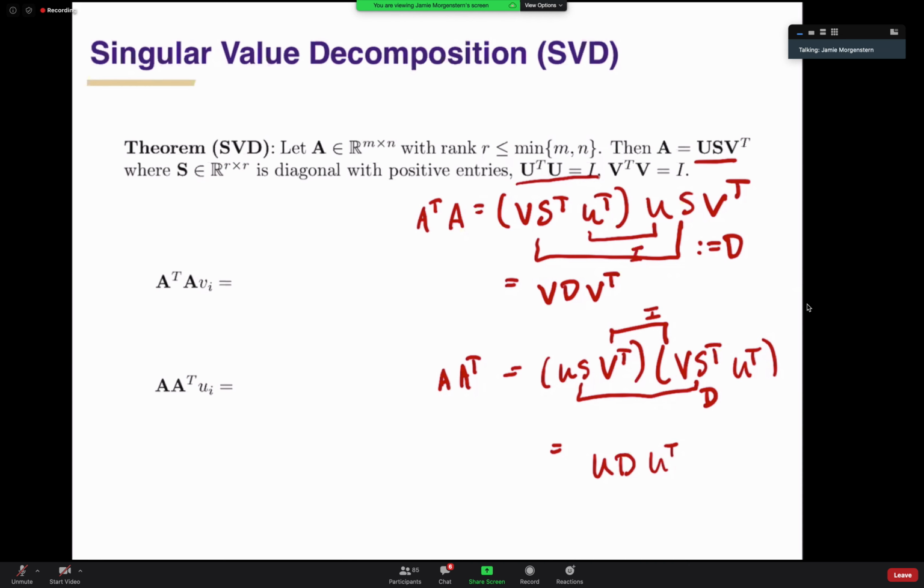Okay, and that's a nice fact, right? But I still haven't really told you much structurally about the SVD yet.